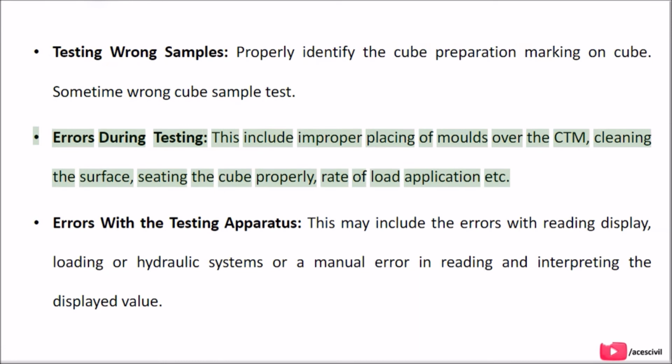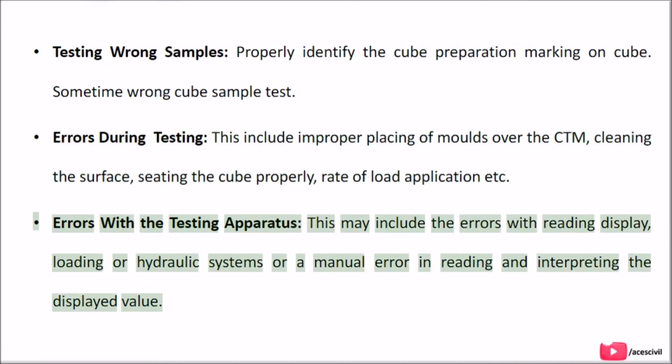Errors during testing: this includes improper placing of molds over the CTM, cleaning the surface, seating the cube properly, rate of load application, etc. Errors with the testing apparatus: this may include errors with the reading display, loading or hydraulic systems, or a manual error in reading and interpreting the displayed value.